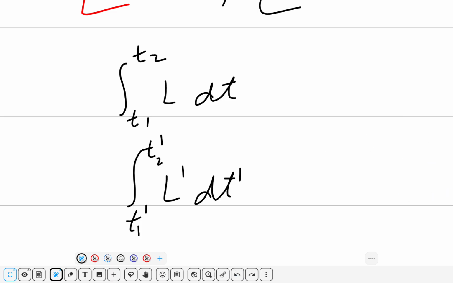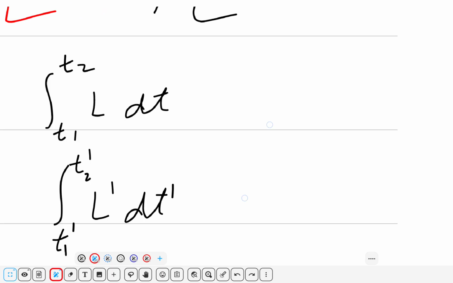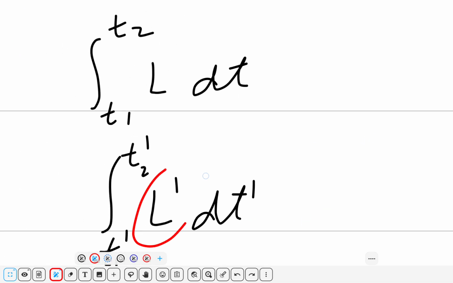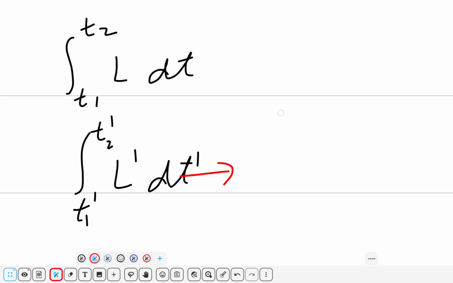So how will I do that? What we do is we take an even bigger approximation. First of all, let me write this in terms of the old coordinates. I am just talking in the air.